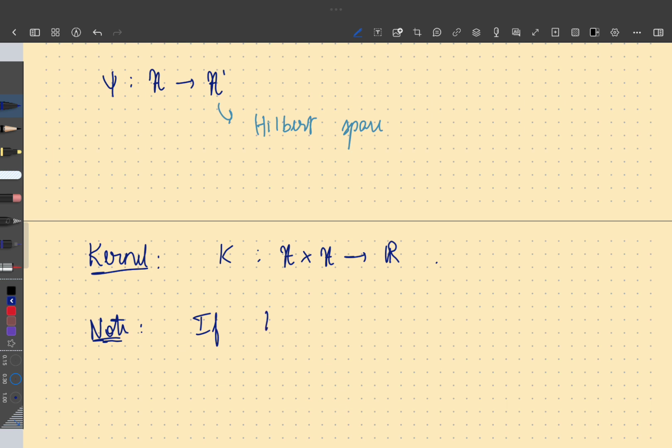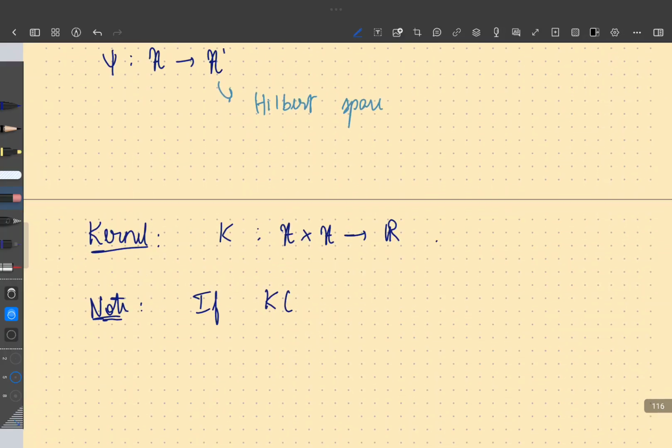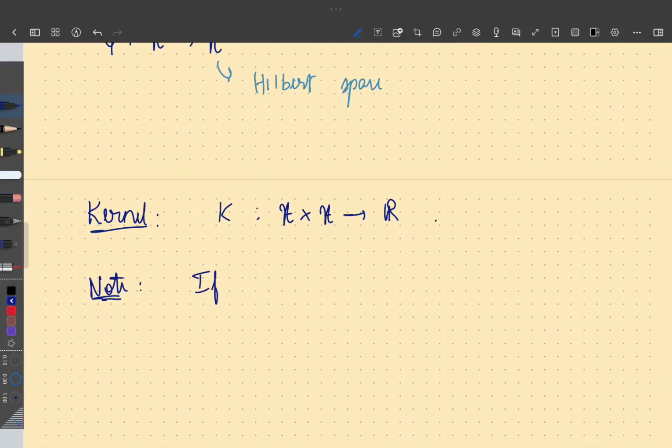So if we have some underlying mapping, this point is almost trivial.